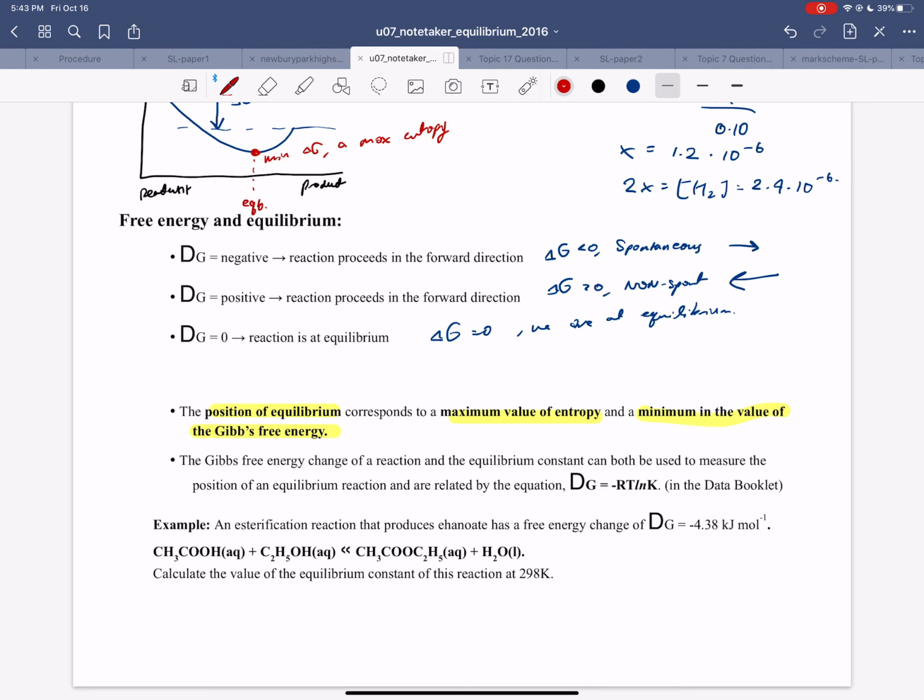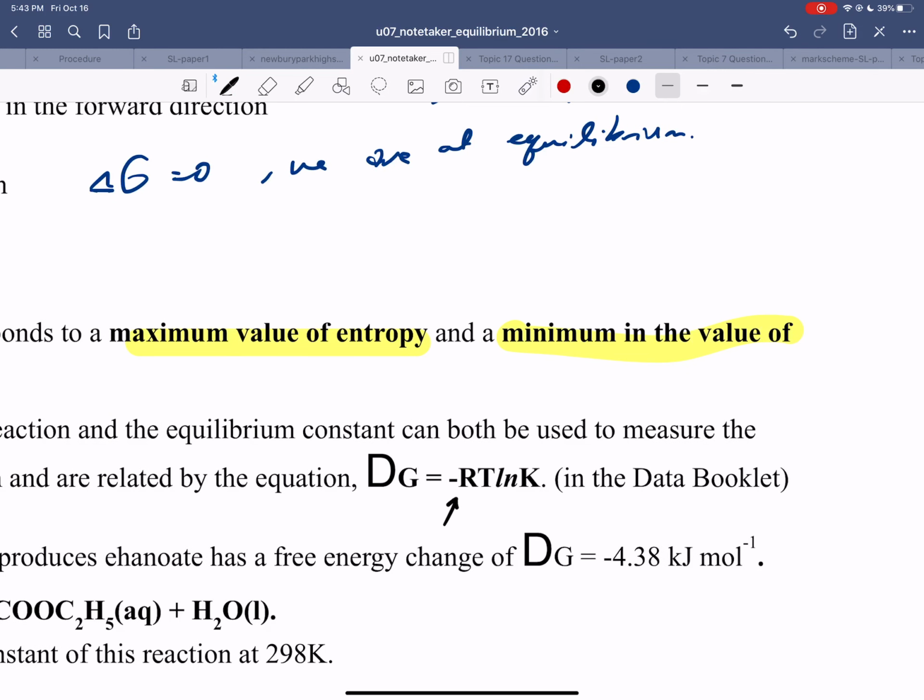You can also relate delta G to your gas constant, which is 8.31 joules per Kelvin per mole. And you can relate it to your equilibrium constant, Kc, for any reaction.